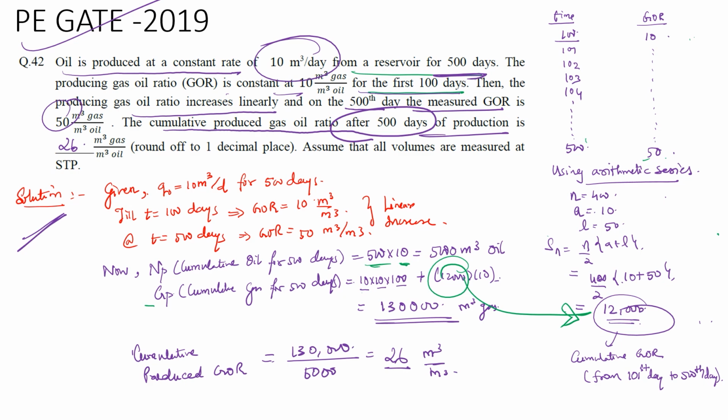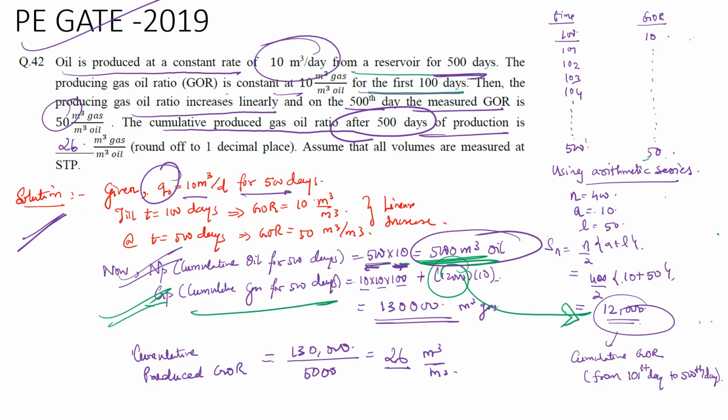Now let's look at the solution. As per the given data, my flow rate is 10 meter cube per day for 500 days. To find my cumulative oil for 500 days, multiplying 500 with 10, I get my cumulative oil as 5000 meter cube of oil. Now to find my cumulative gas for 500 days: for the first 100 days, it is given that my GOR is 10.